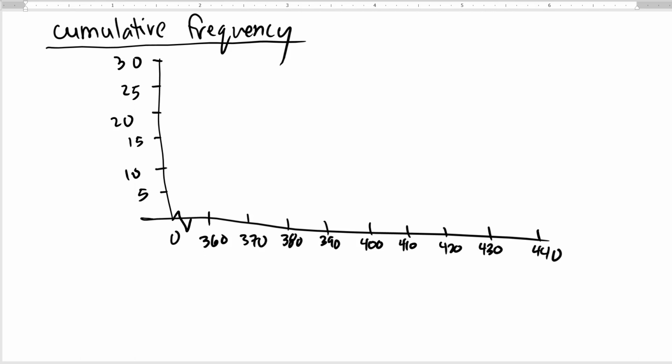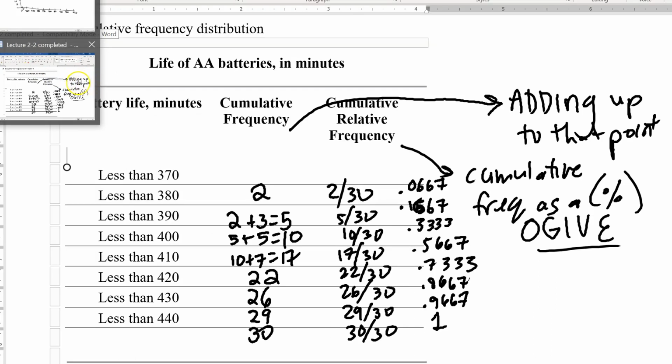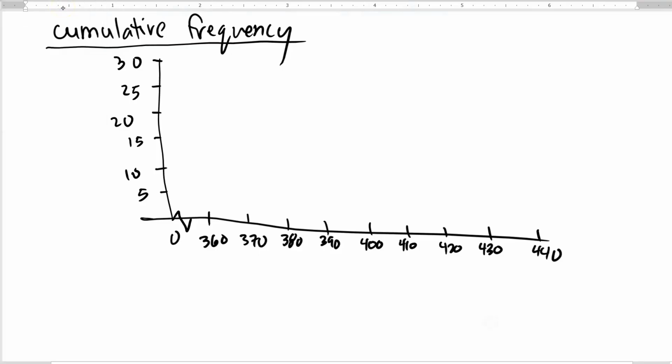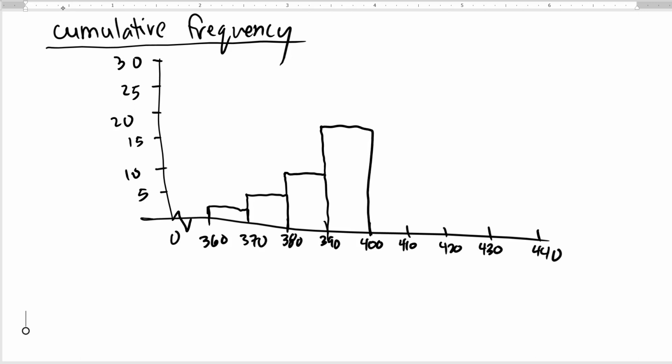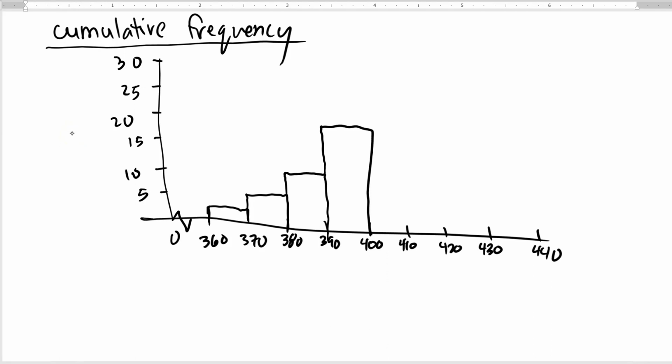So between 360 and 370, we had a cumulative frequency of, it looks like, 2, 5, 10. I think it was 17 next. I'll double check. That looks pretty good. 2, 5, 10, 17, 22, 26.